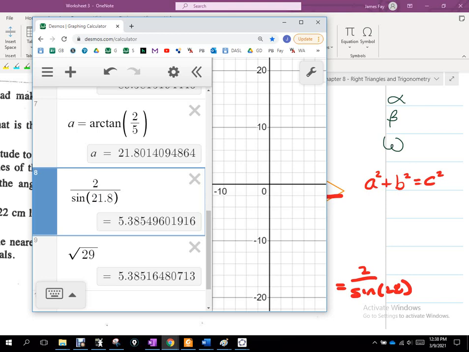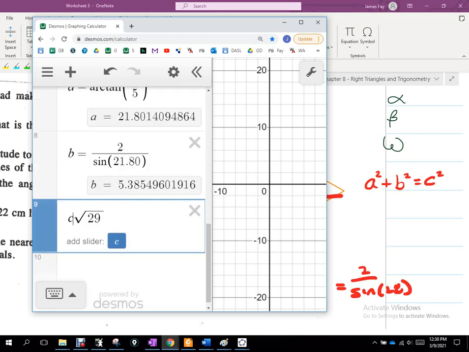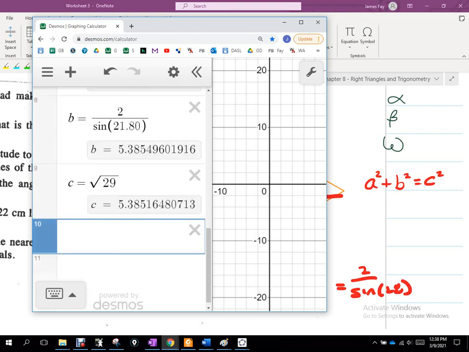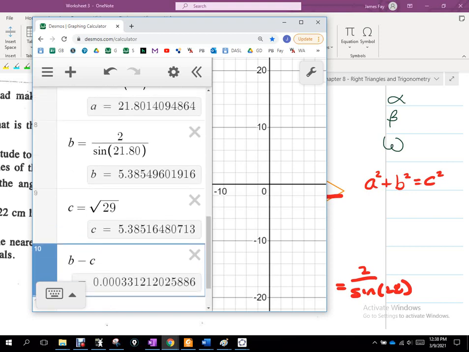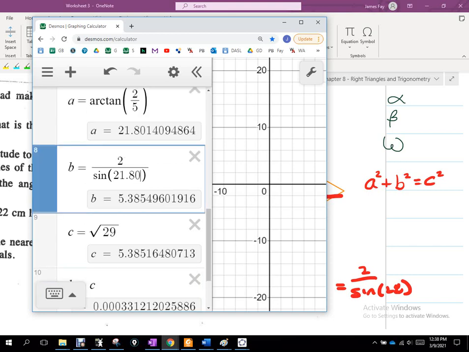Maybe I round to 2 decimal places like that, let's call this B. Let's call this C. If I go B minus C, now we have the tenths, hundredths, thousandths. We have 3 ten-thousandths error. Does that make sense? I can fix that error by going out more decimal places. Now that went from 3 zeros and a 3, now it's 4 zeros and a 9.